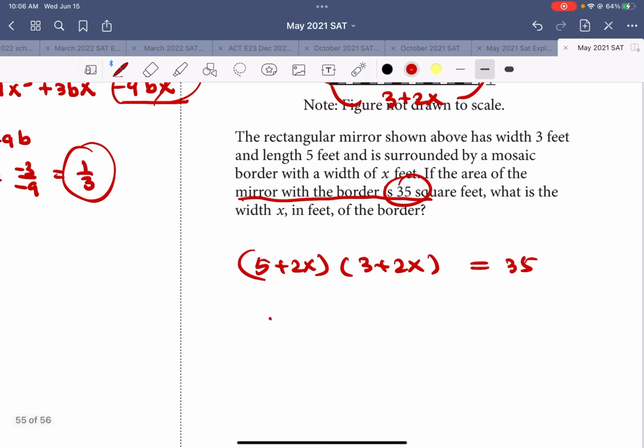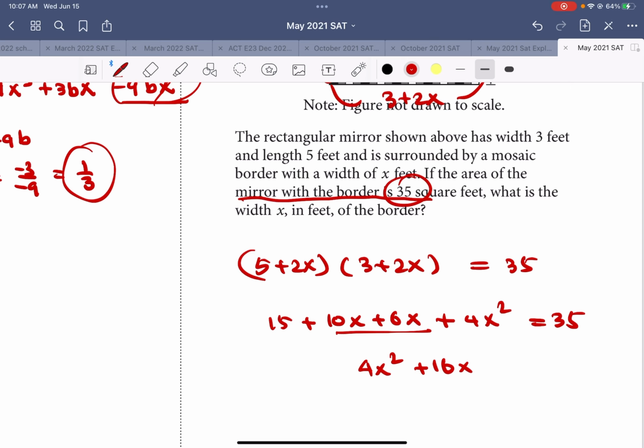So when you FOIL it out, 15 plus 10x plus 6x plus 2x times 2x, 4x squared, equals 35. And then if I rewrite it, those are like terms, 4x squared plus 16x. And then when you subtract 35 from both sides, minus 20 equals 0.